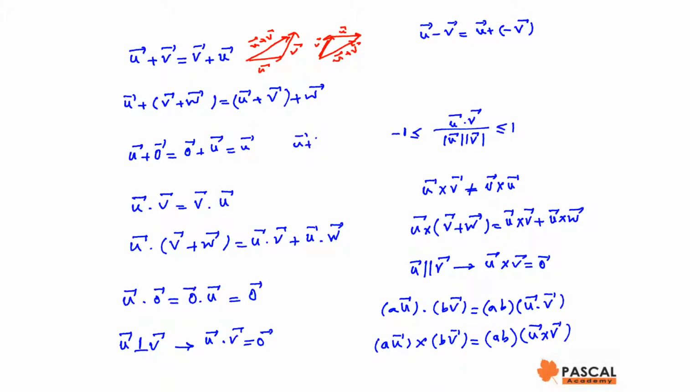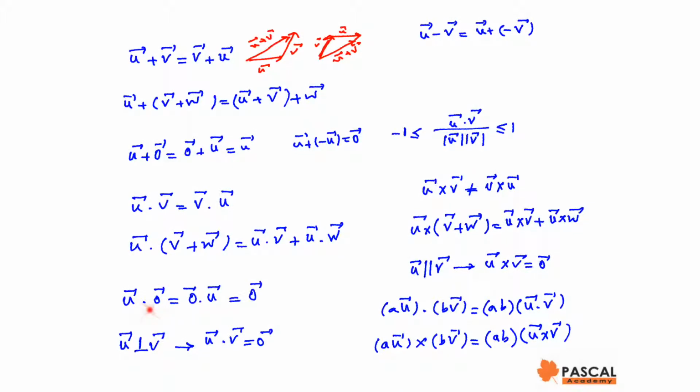U plus minus u is always 0. U minus v and u plus minus v are exactly the same thing. U dot v and v dot u are the same. U cross v and v cross u are not the same. Dot product and cross product have a distributive law over addition.